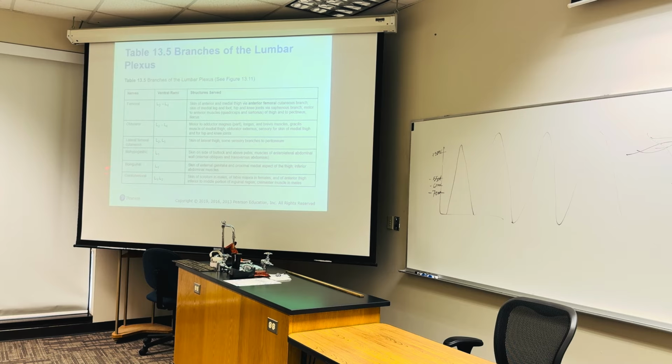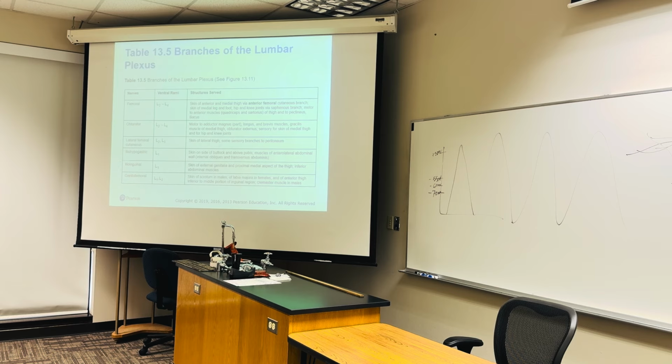What about the iliohypogastric? Skin on the side of the buttock and above the pubis, muscles of the anterolateral abdominal wall. Ilioinguinal: skin of the external genitalia and proximal medial aspect of the thigh, inferior abdominal muscle.